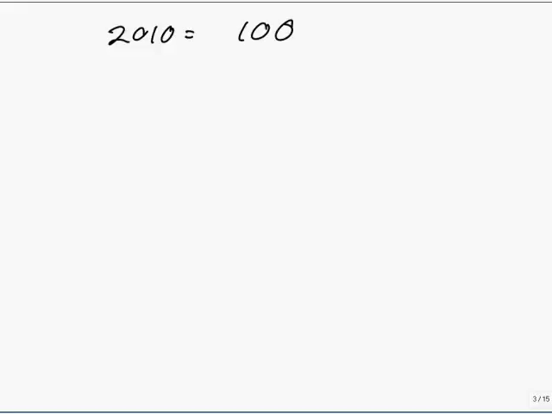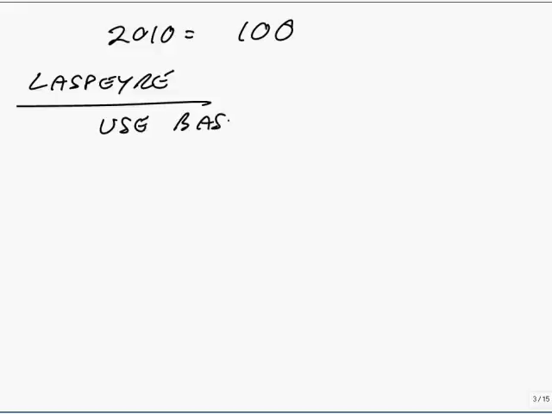And so, first of all, Laspeyres, we're going to work out the cost of the same shopping basket in both years, but with Laspeyres, you use the base period shopping basket, or the base period quantities.